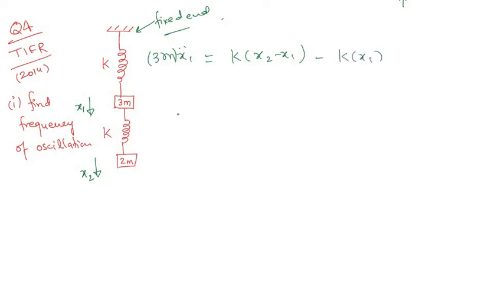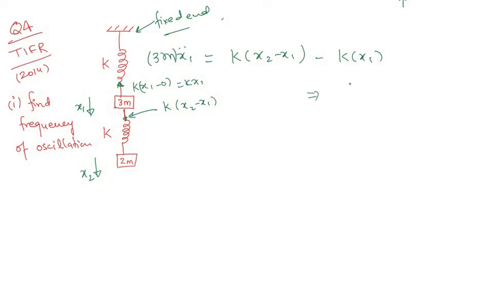This we have solved in the previous question. This force is given by K times (x2 minus x1), and this force is given by K times (x1 minus 0), so that is K times x1. So the net force on the block of mass 3m is K times (x2 minus x1) minus K times x1.